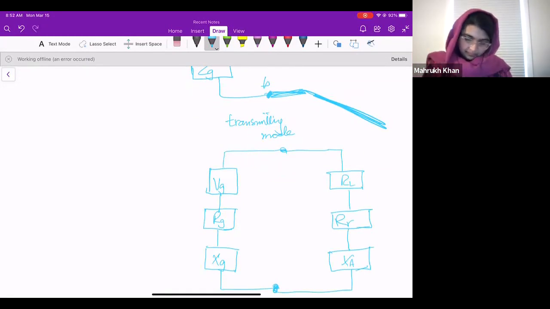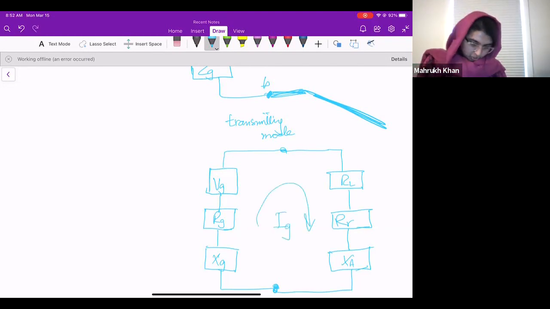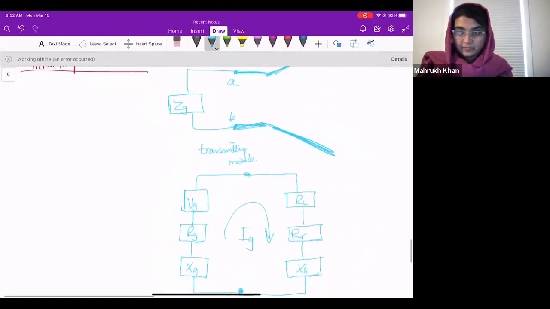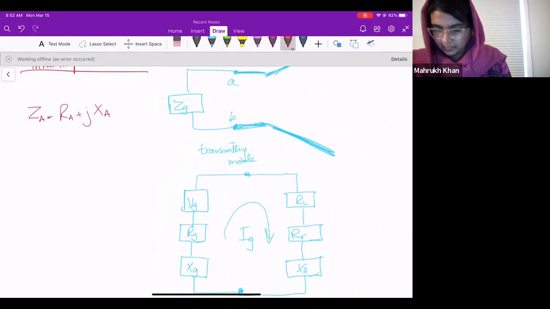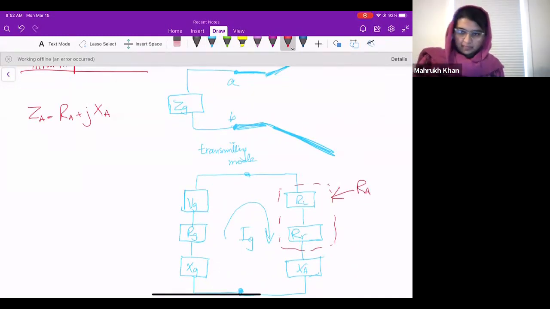There is a current flowing in the equivalent circuit, that is IG, right? So for this antenna, ZA is equal to RA plus JXA, which means RA is the antenna resistance.